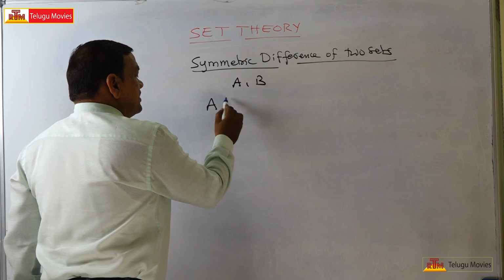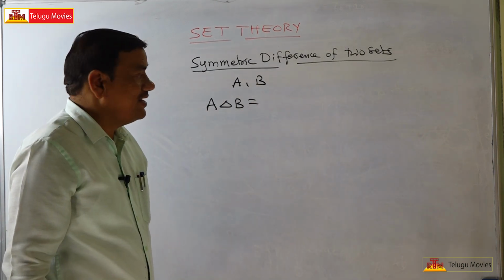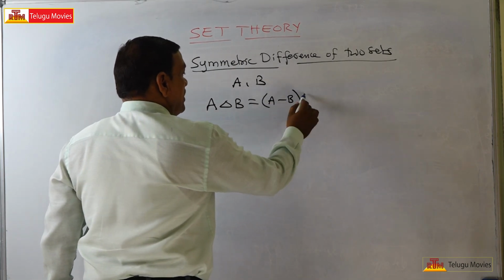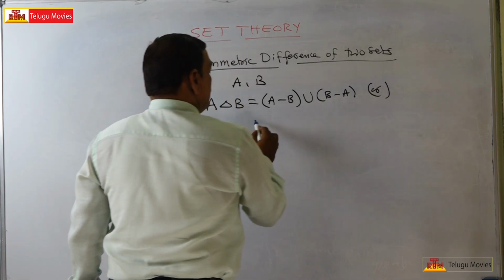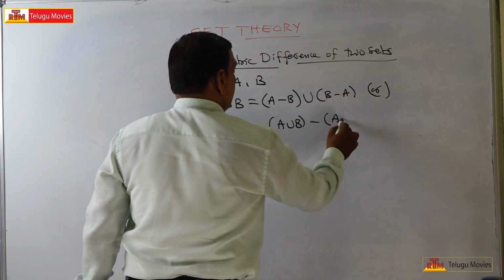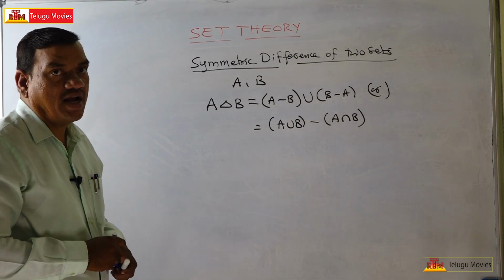Then their symmetric difference is denoted as A delta B, and it is defined as A minus B union B minus A, or sometimes it is also defined as A union B minus A intersection B. So, this is the symmetric difference of A and B.